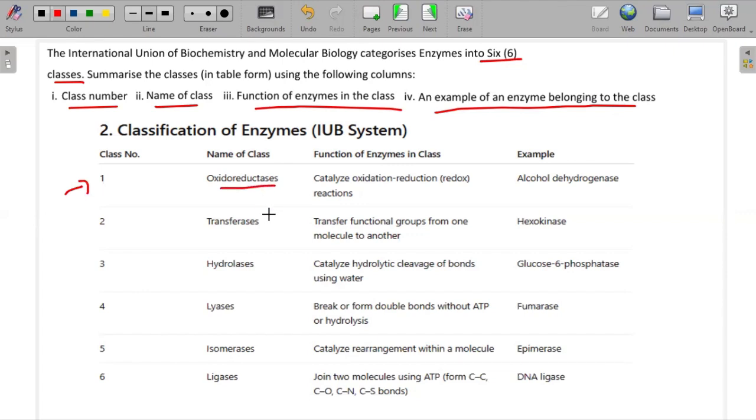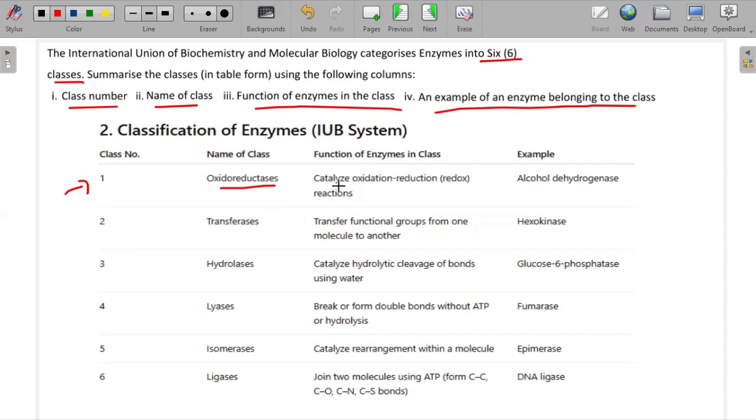Based on our knowledge from semester 1, whenever you see oxido and then reductase, it means that the function of this enzyme is just to catalyze the oxidation reduction what? Reactions. Or you can simply say the function of the oxidoreductase enzymes is just to catalyze the redox reactions. So it's in the name what they do.